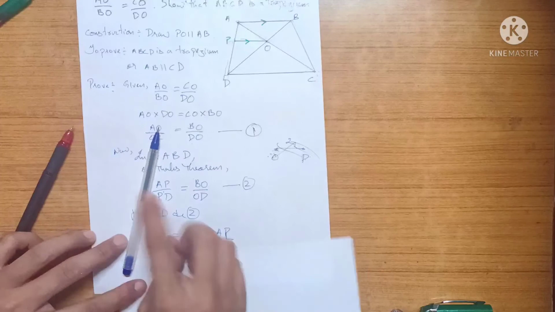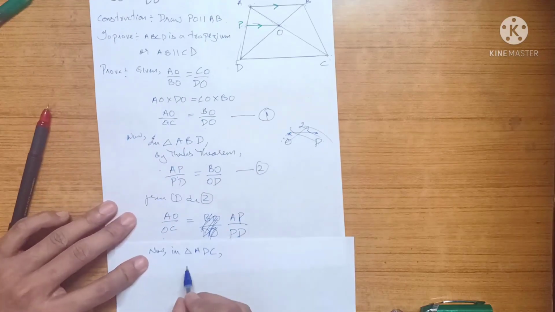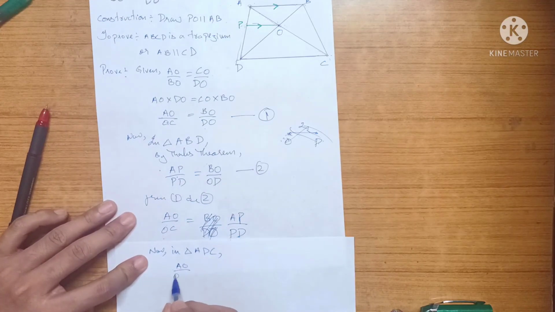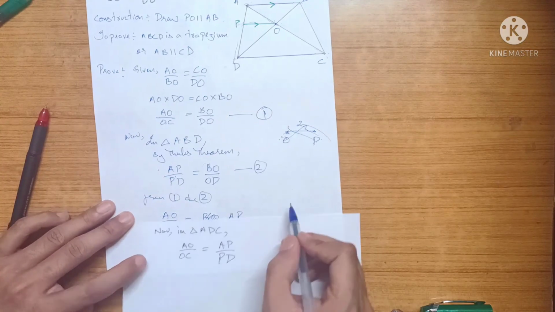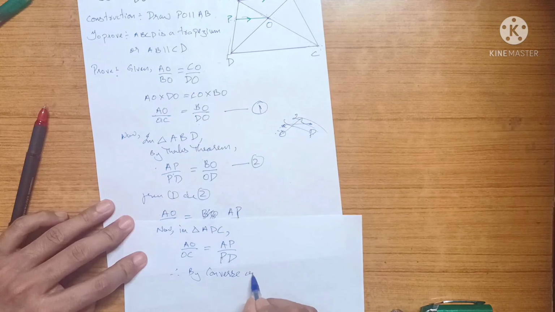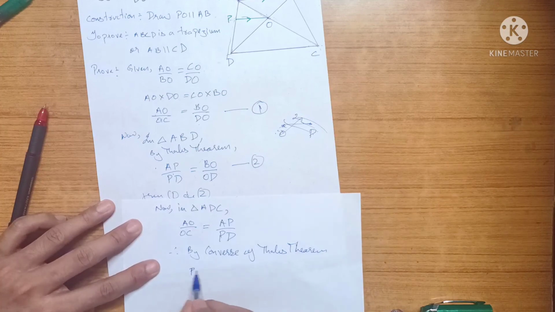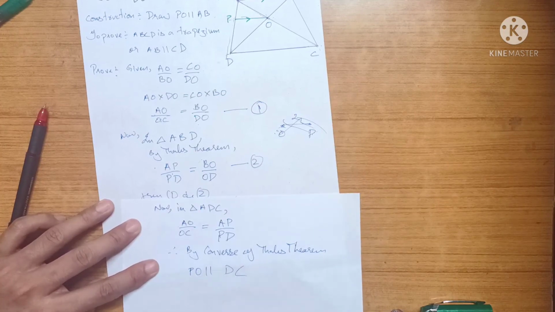So in triangle ADC, AO by OC equal to AP by PD. Therefore, by converse of Thales' theorem, PO is parallel to DC.